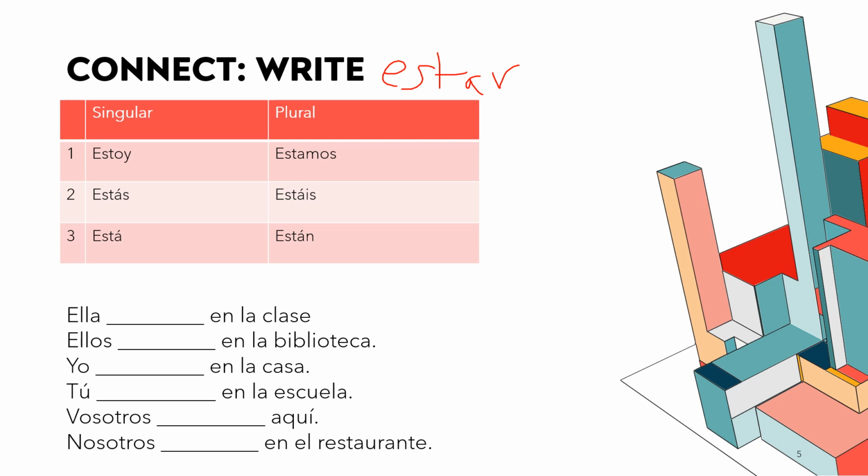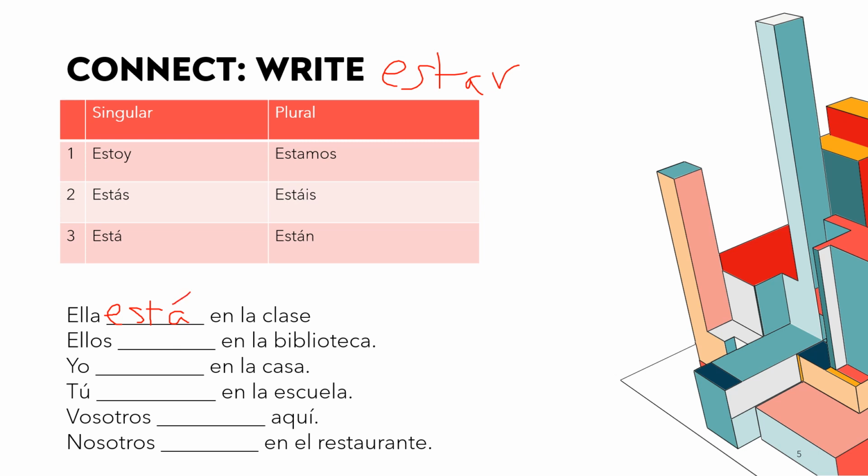If you have those subjects memorized, it will help you so much to be able to connect everything. That means I'm going to go to whatever verb I am trying to write in here. In this case, it's estar. And I'm going to go to third person on the singular side and choose está. Let's see if I can write this in here. Oh, I made it. Ella está en la clase.